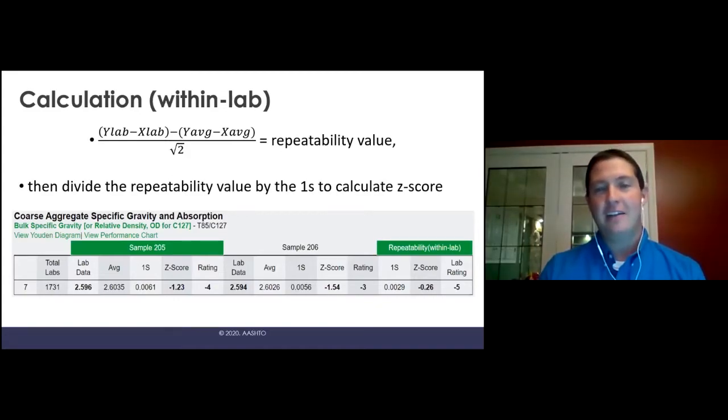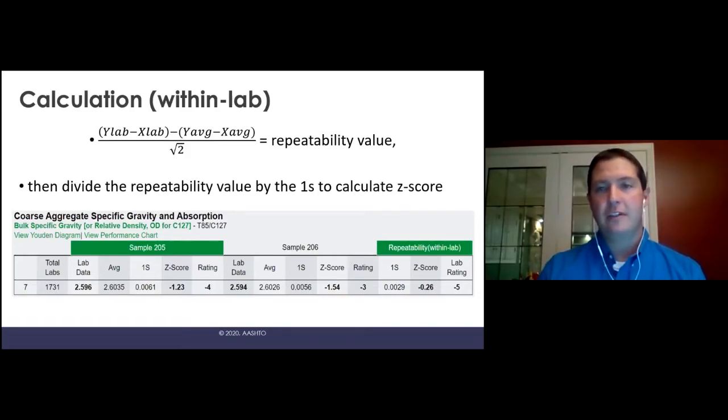Then we divide that number by the square root of 2. And that whole square root of 2 thing, that's another deal with digging deeper in the statistics. Like I said, that would be another presentation that hopefully we can get to at some point. But once we calculate that, that is the repeatability value that's assigned to your laboratory.